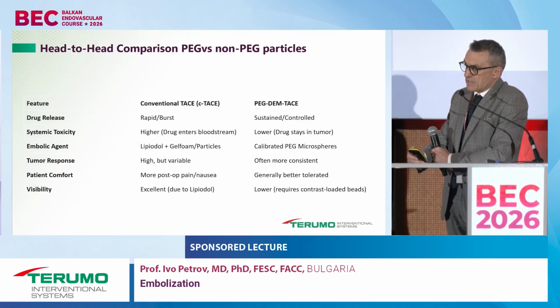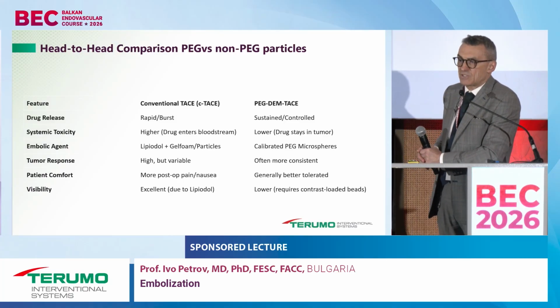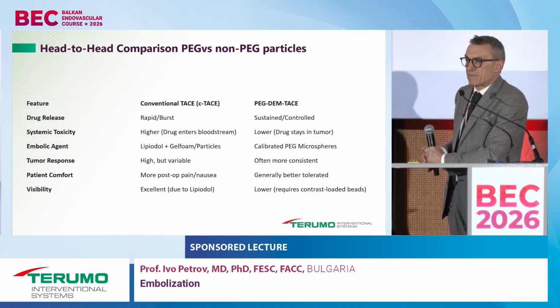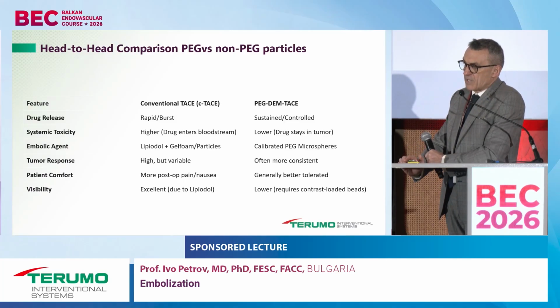One of the most frequent targets for embolization is the primary hepatic carcinoma. HCC is one of the most frequent targets for this procedure, and there are very important parts of the procedure that must be done in the proper way.